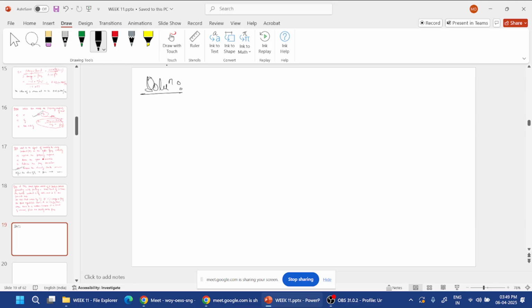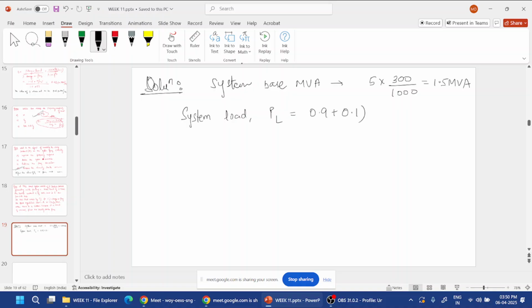The system MVA base is 5 into 300 upon 1000, equal to 1.5 MVA. The system load PL is equal to 0.9 plus 0.1, which is equal to 1 megawatt.